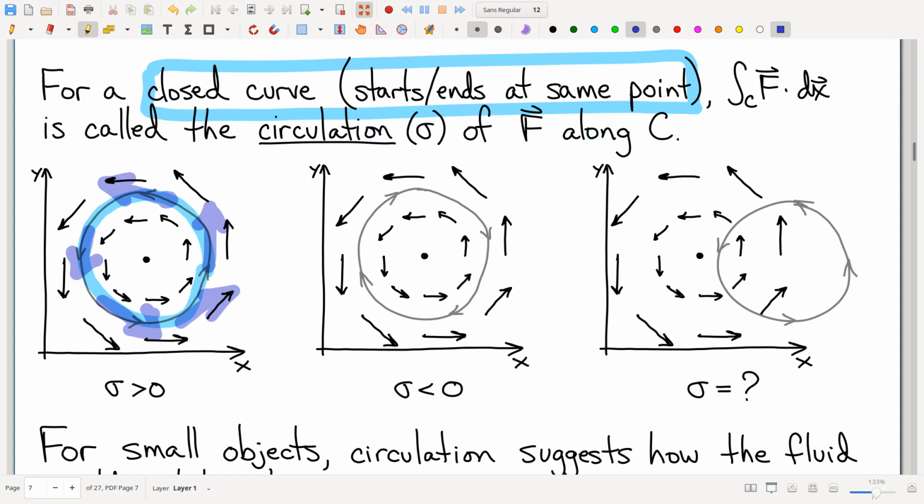The direction that a closed curve points, assuming that it's differentiable, doesn't have any corners, nothing weird like that, that direction that the unit tangent vector points will always go in a complete circle.